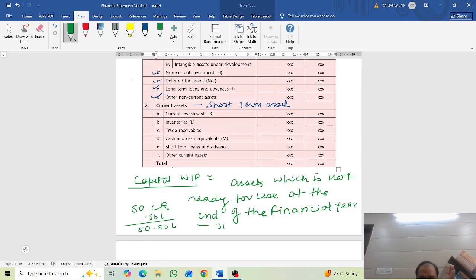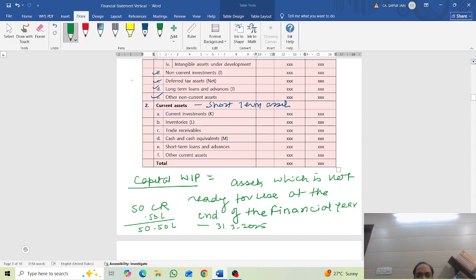But at the end of the financial year, that is 31st March, just as an example 2025, the machinery is not in a position for use. Suppose trial run is pending at the end of the financial year. Then such machine worth rupees 50 crore 50 lakh is classified under the capital WIP.